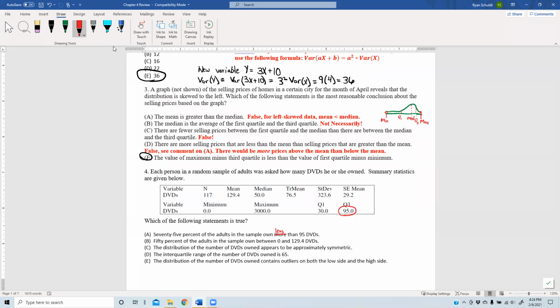B, 50% of the adults in the sample own between 0 and 129.4. Remember, 50%, we want to look at the median. The median is equal to the 50th percentile. So I'm going to look at the median. The median says 50. So this should be a 50.